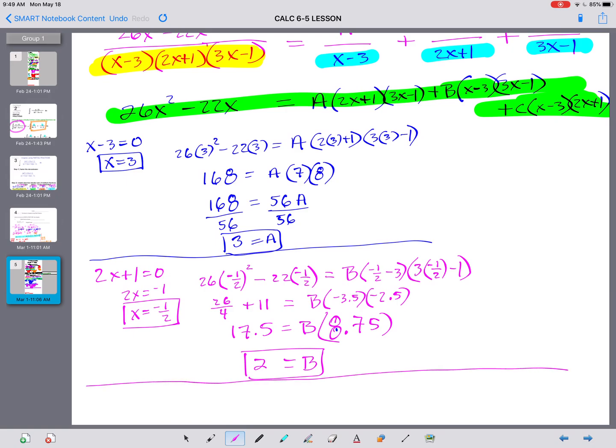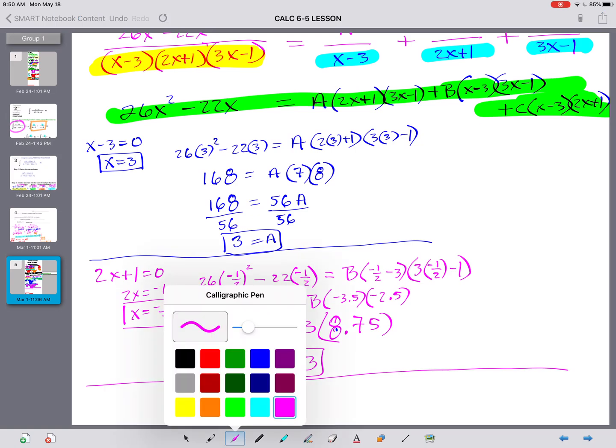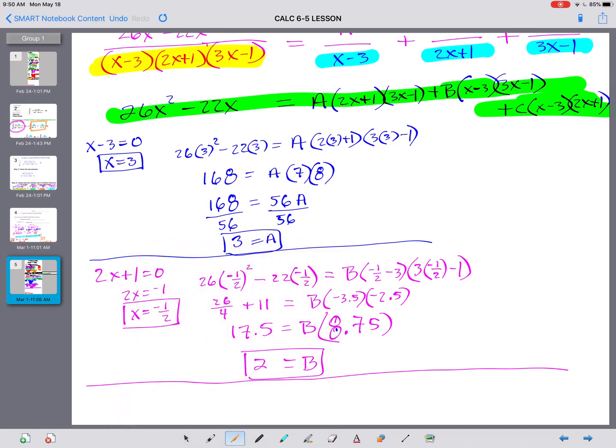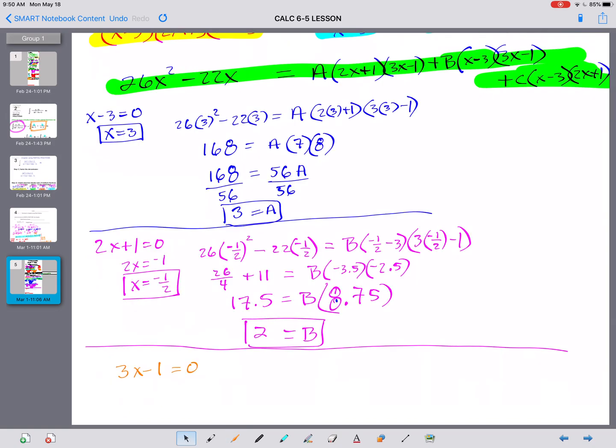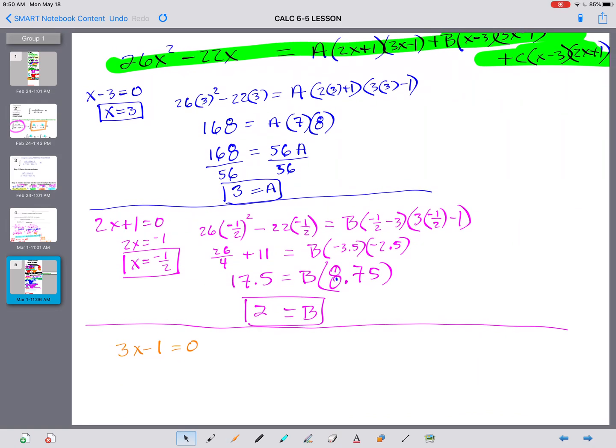Now find what value will make 3x minus 1 equal 0. 3x equals 1. x equals 1/3.